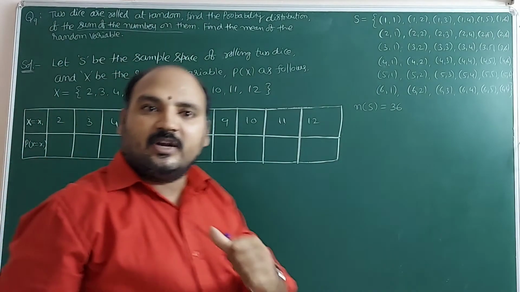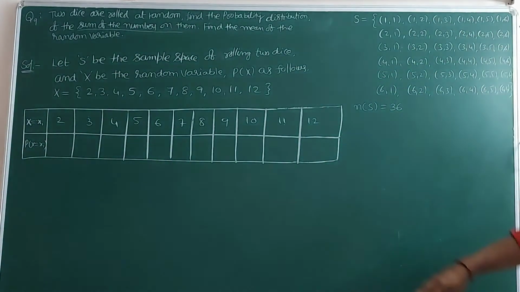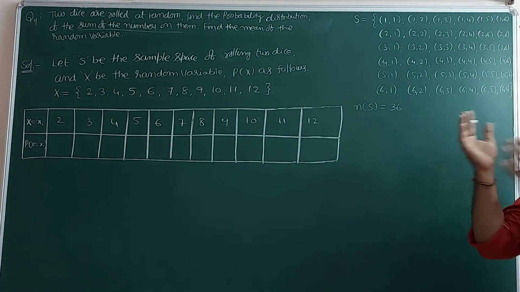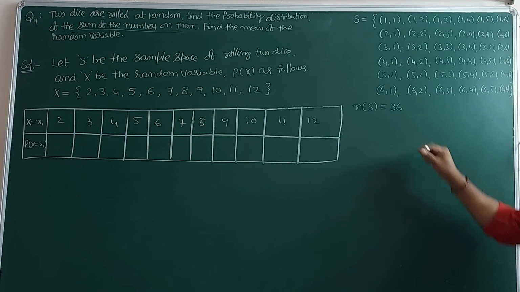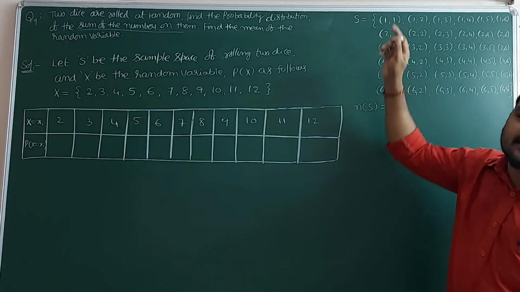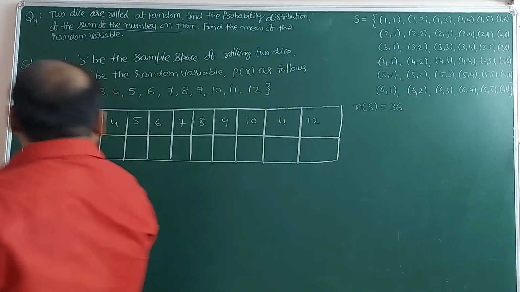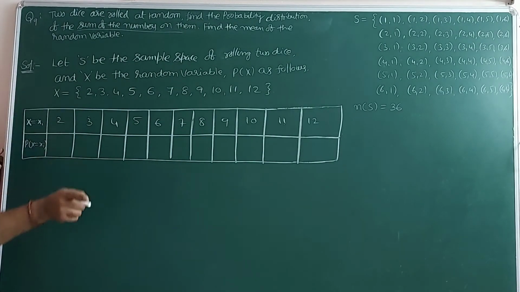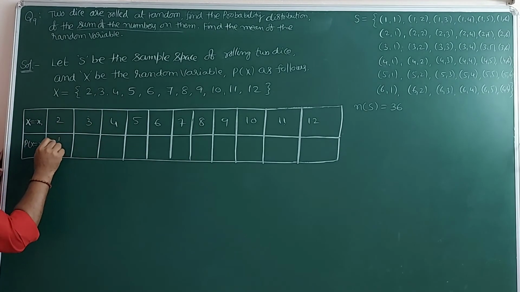How many possibilities are there out of these 36? 1 plus 1, 2. There is no other pair. The sum of the numbers is 2. Out of 36, only 1 is there. So we have to write this probability: the probability of the number 2 when two dice are rolled, 1 by 36.